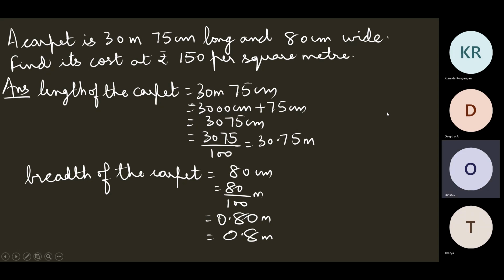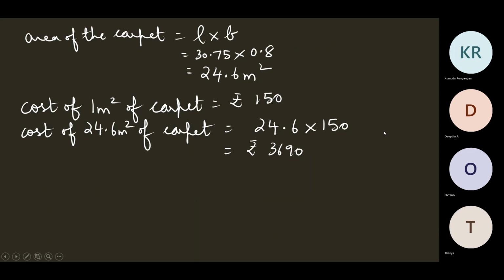Ma'am, can you show the next slide, ma'am? Now I understood how it became 0.8.